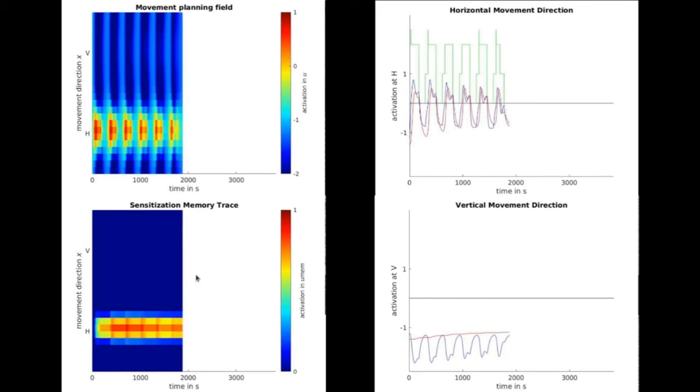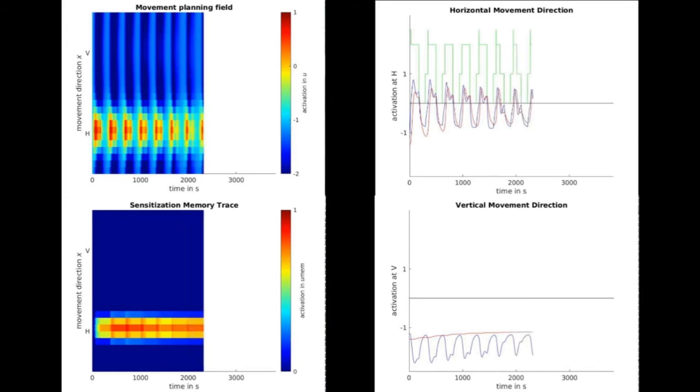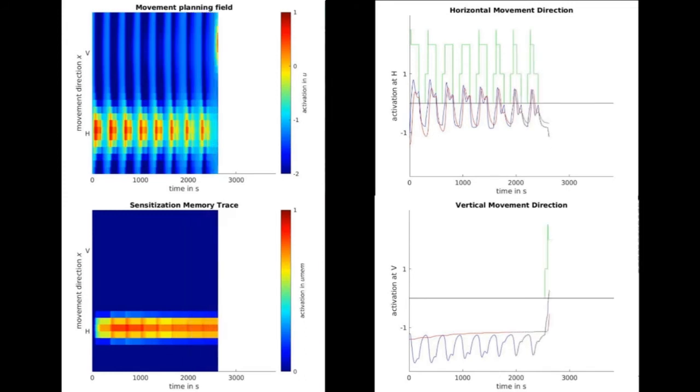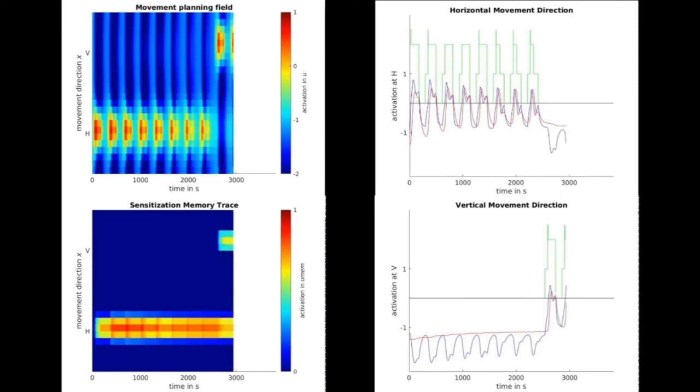And what you can see here in this trial is that this model is already fitted. So we have a shorter period of suprathreshold activation in this trial here, which is a hint to habituation, and the criterion will probably be met in the next trials. And here it is, we switch to the opposite movement direction for the test trials.